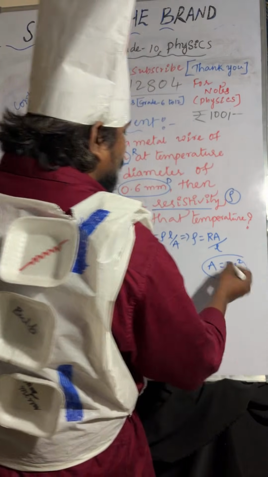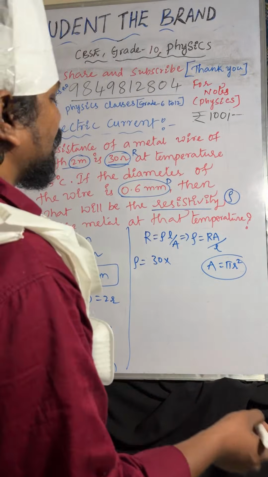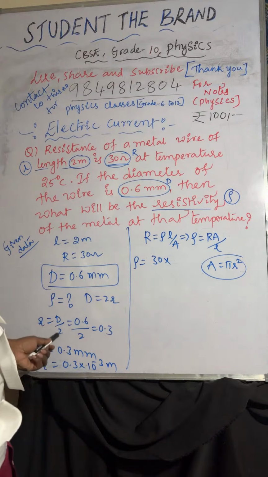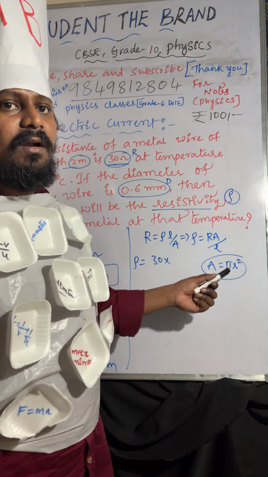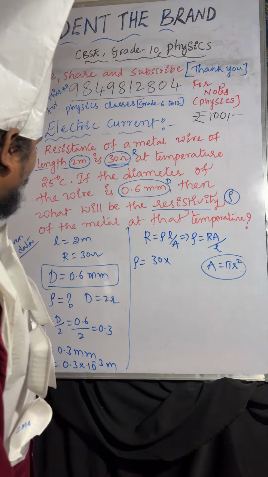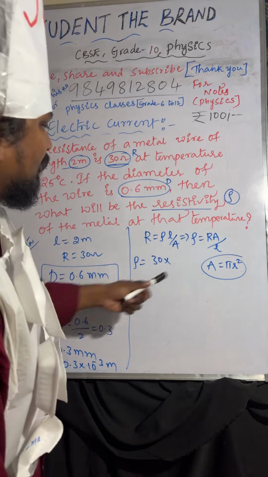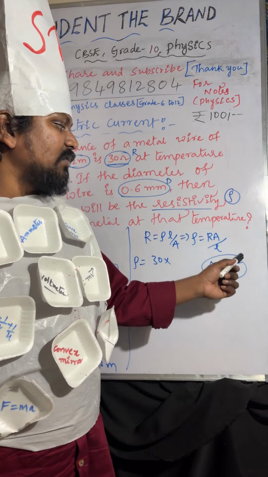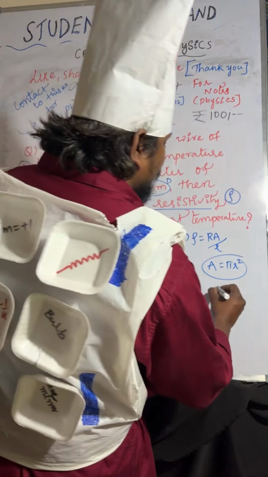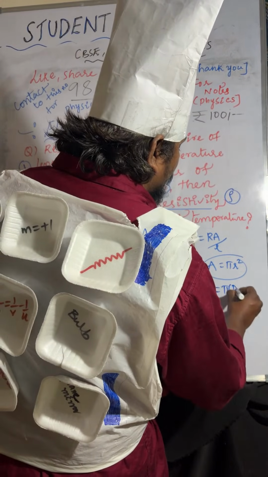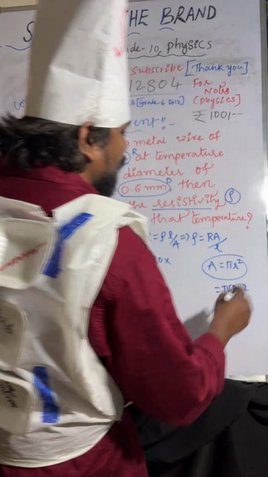Even you can take R equal to D by 2, so in place of pi r square, you can substitute and write pi into D by 2 whole square, no problem.